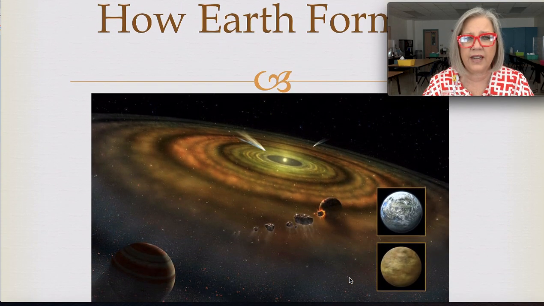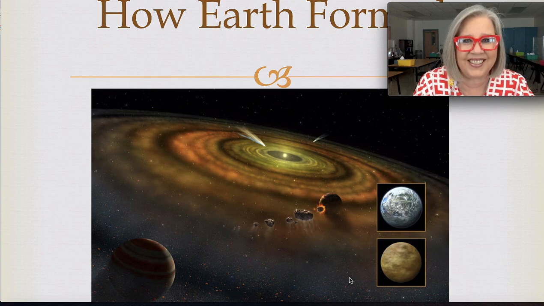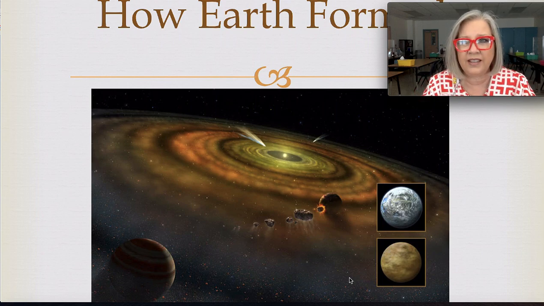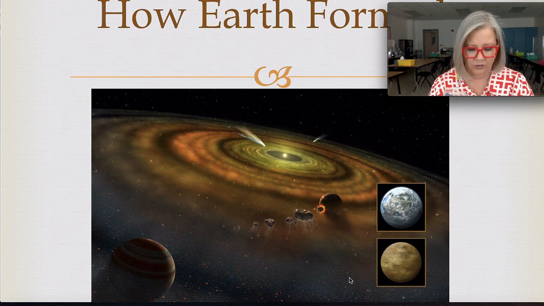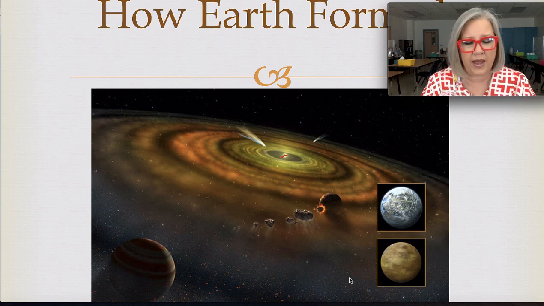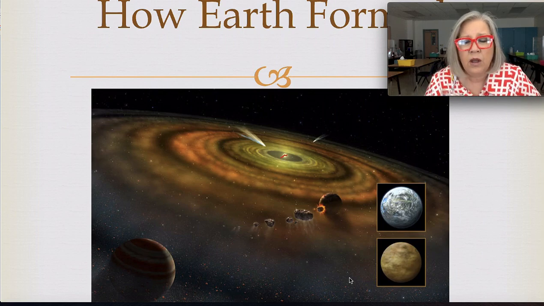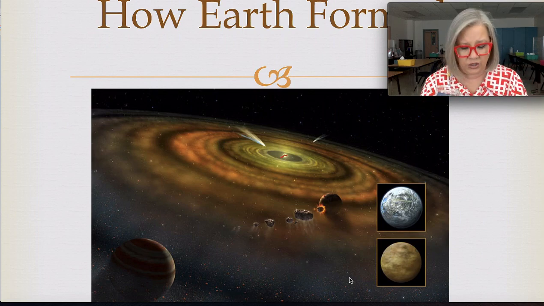Interestingly enough, how did the Earth form? We are stardust. Our star is Sol, and Sol sits right down here in the middle. That's our little star right there. We formed from essentially a supernova, or a recycling of different minerals that happens within stars.